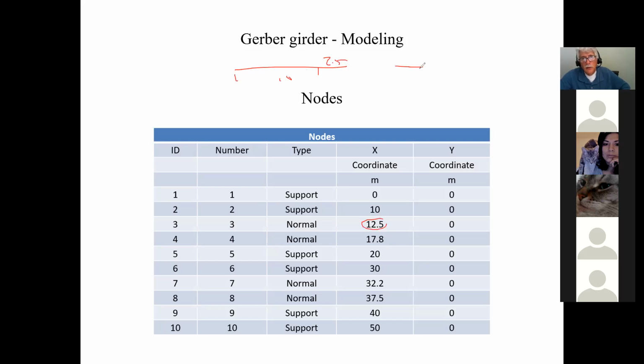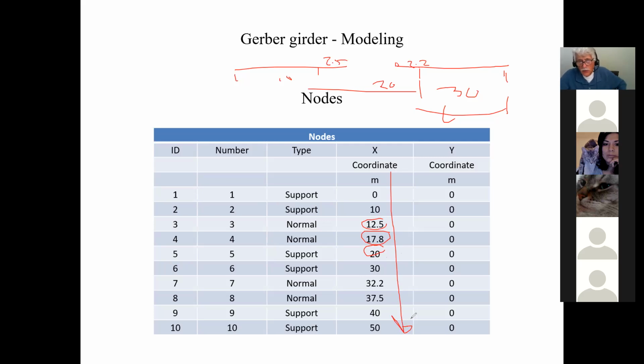And then from here to here, I have 2.2 meters. And this was 20. So what's 20 minus 2.2? 17.8. So the next node would be at 17.8. Then the next node would be at 20. And then after that, I have another one at 30, because this is a 10-meter span, and so on. So these are all the distances for your nodes, okay? And so that's your nodes.